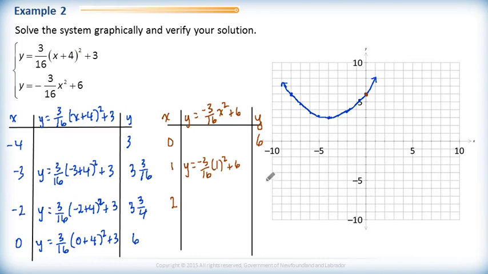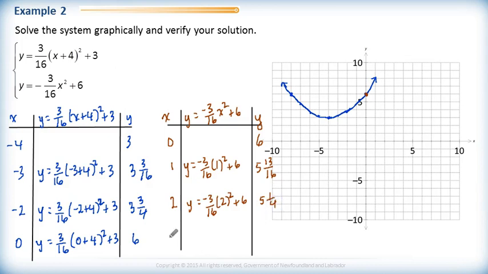Negative 3/16 plus 6 gives us 5 and 13/16. Substituting in our 2, we've got y equals negative 3/16 times 2 squared plus 6. 2 squared is 4, times negative 3 is negative 12 over 16, which is negative 3/4. Take that off of 6, and we get 5 and 1/4.